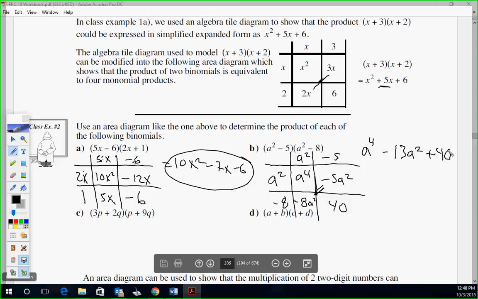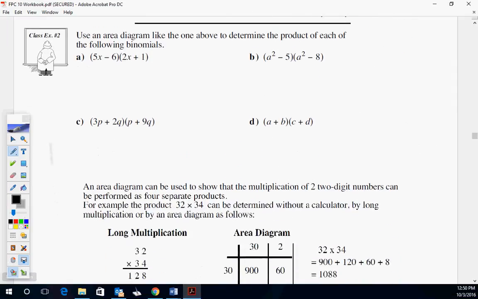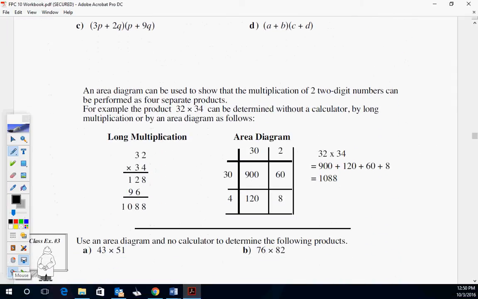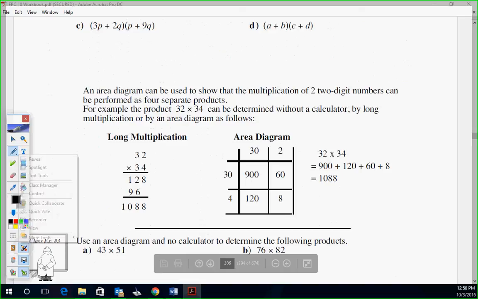Okay. All right, go ahead and try C and D on your own here. All right, I'll draw the grids here as you guys are finishing up.